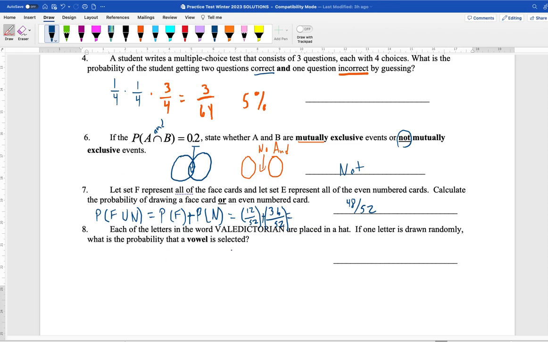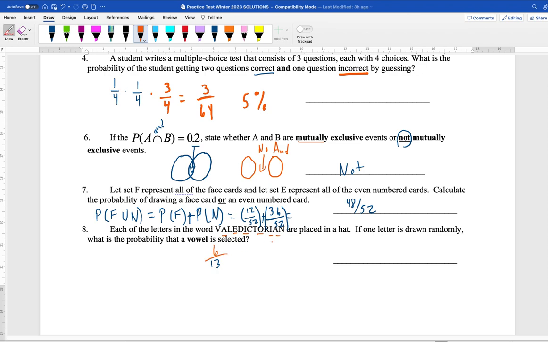Good. Each letter of the word valedictorian is placed in a hat. If one of the letters is randomly drawn, what's the probability it's a vowel? How many total letters are there? 1, 2, 3, 4, 5, 6, 10, 11, 12, 13 total. Okay, now how many vowels do we have? 1, 2, 3, 4, 5, 6.